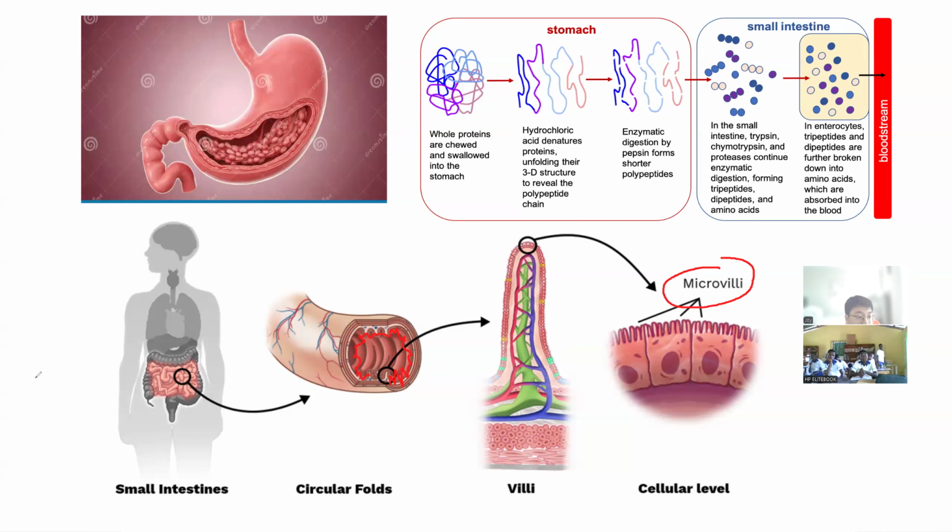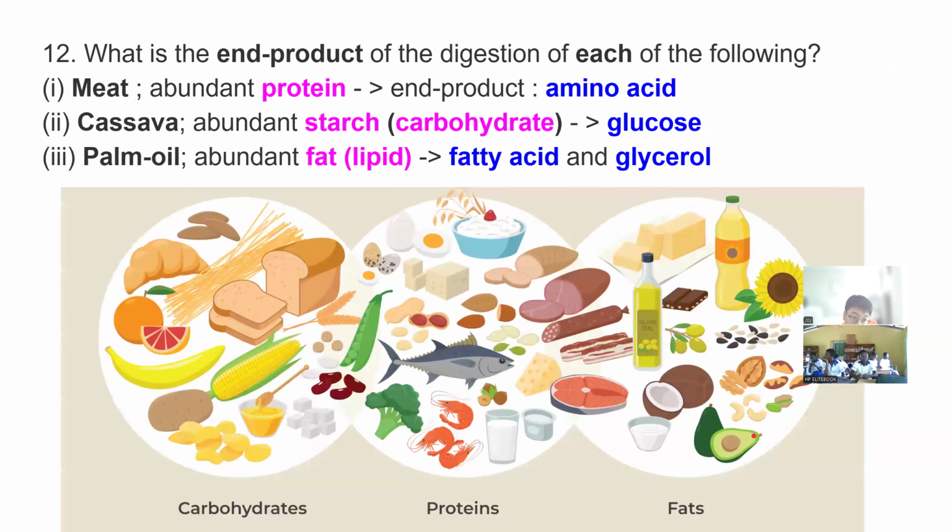So the purpose is to absorb as much nutrient as possible. That's why it's so small. These are the folds in the small intestines, and we can move on to this next question.